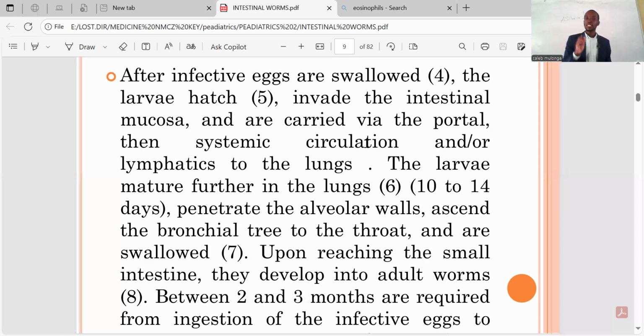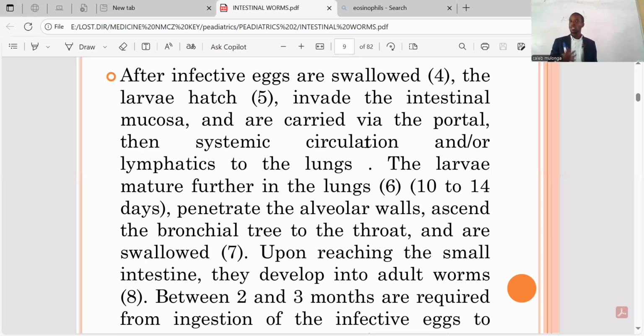After an infective egg or eggs are swallowed, the egg hatches and releases a larva.